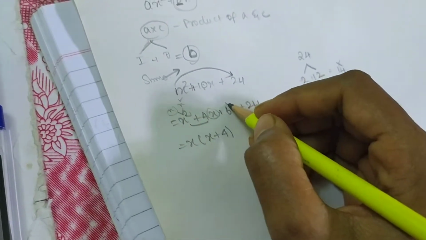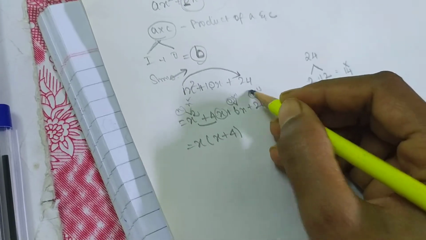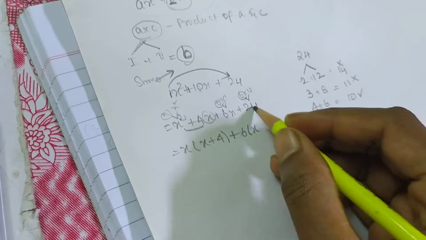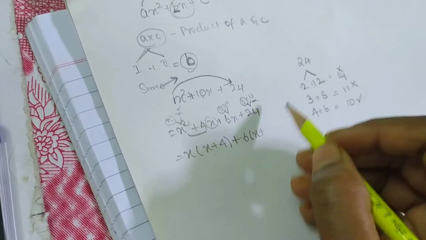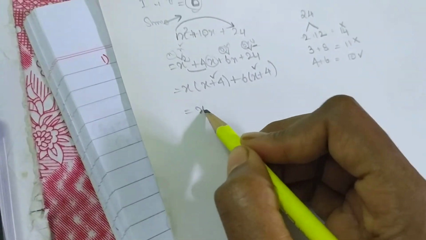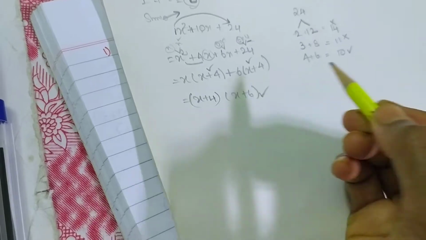In this place I take 6 common, so the balance is x plus 4. So I can take x plus 4 common, and the other is x plus 6. Okay, this is one method.